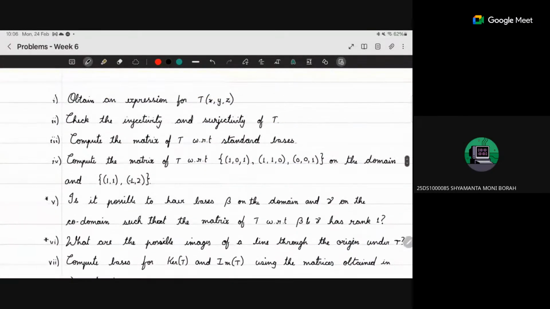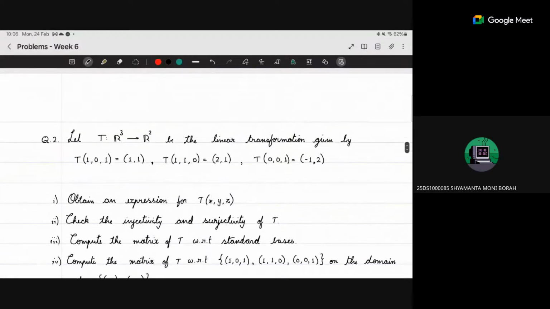And for surjectivity, what do we do? You can go about trying to find an image for everything, but you see that the image contains (1,1) and (2,1). And the image is a subspace, right? So if (1,1) and (2,1) are there, then all possible linear combinations of (1,1) and (2,1) are also there. (1,1) and (2,1) actually form a basis for R2.